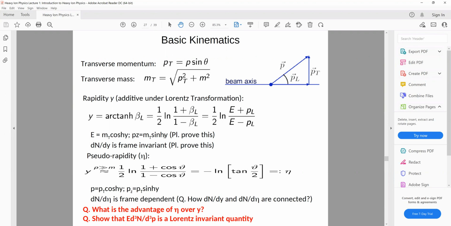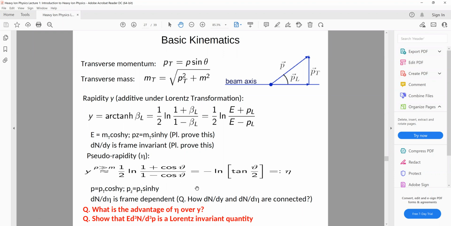And then there is a question you can consider: how are dN/dy and dN/d eta connected? One can show that they are connected because there is a coordinate transformation from y to eta, and these two distributions are related by some Jacobian. So you can try to see what that Jacobian is.